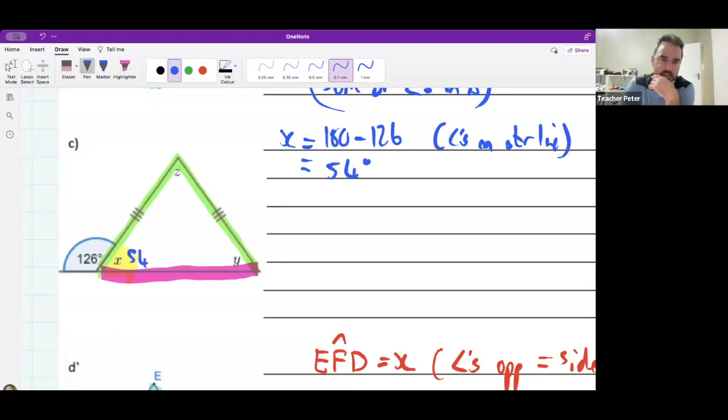Yep, so that's 54. What does that mean about the angle y?